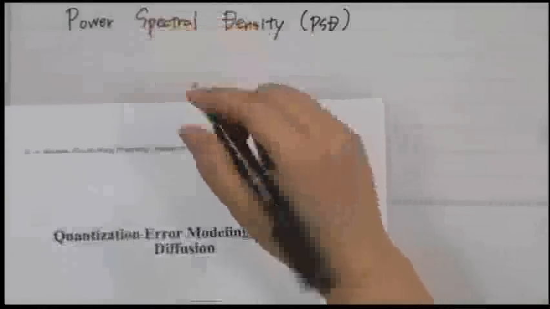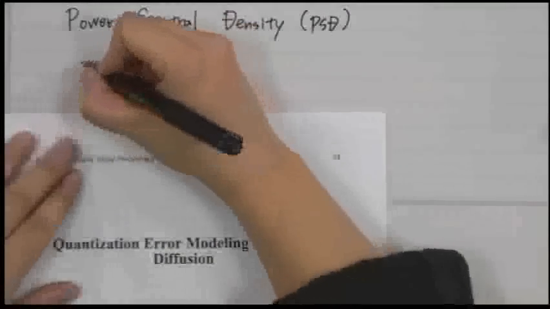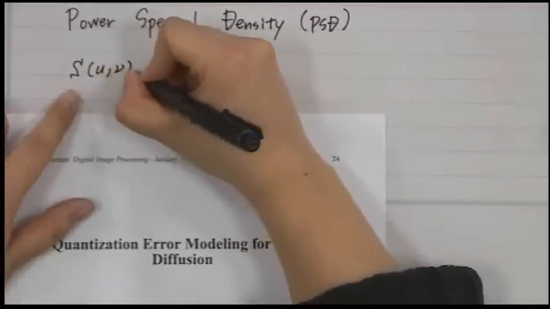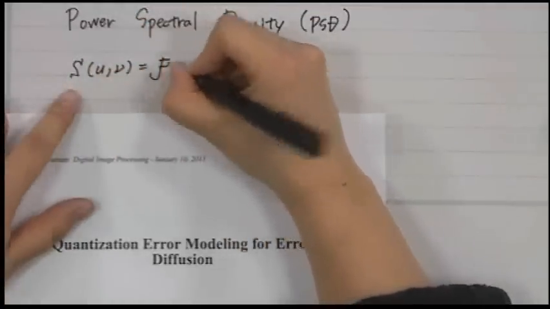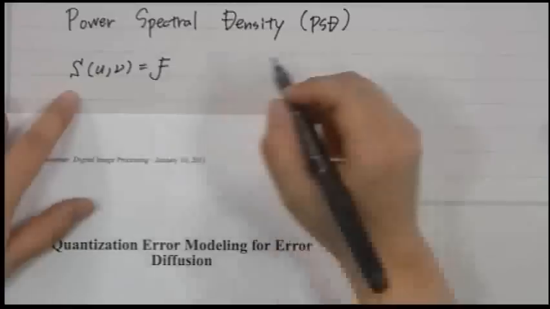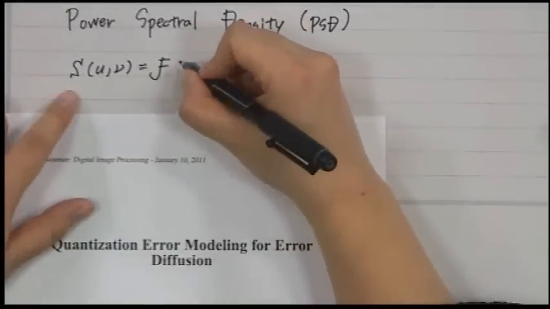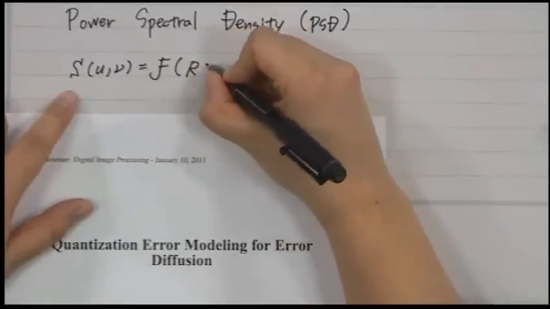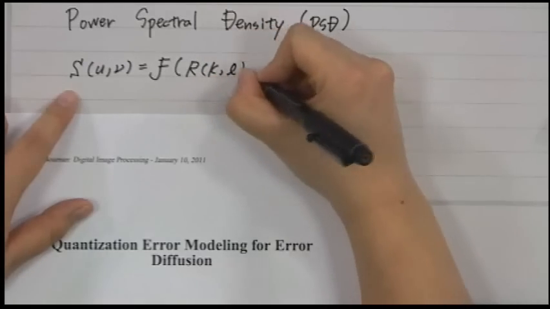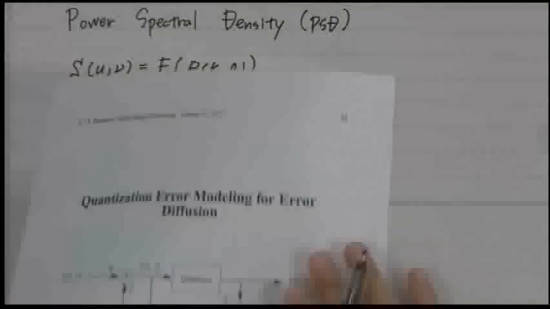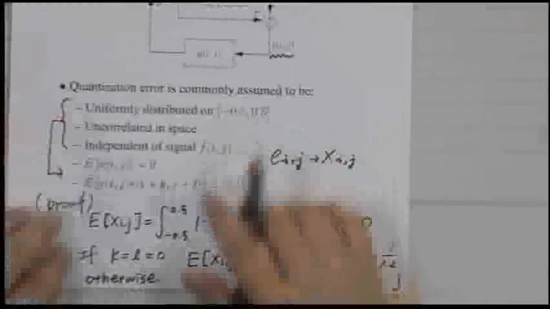There's a theorem that we can calculate the power spectral density using the Fourier transform of the autocorrelation.